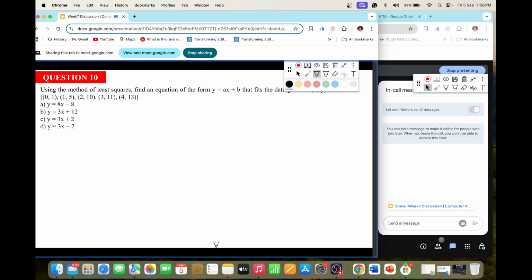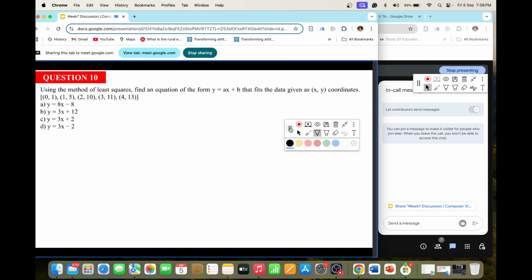Okay, now let's move on to the next question. Using the method of least squares, find an equation y equals ax plus b. How can we do it?